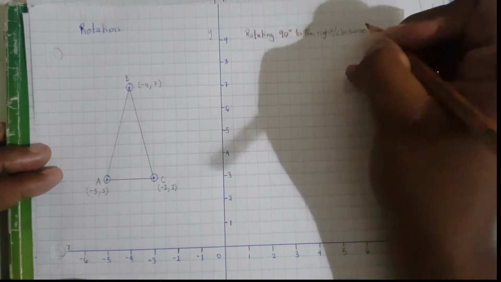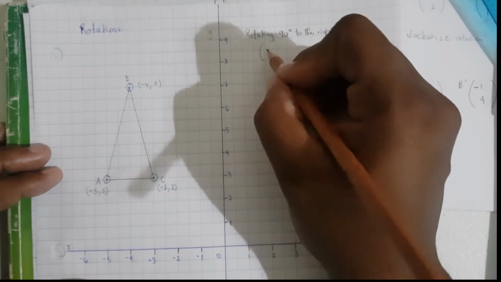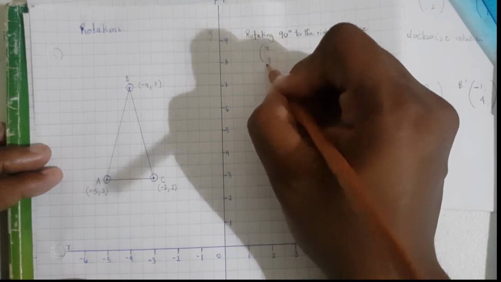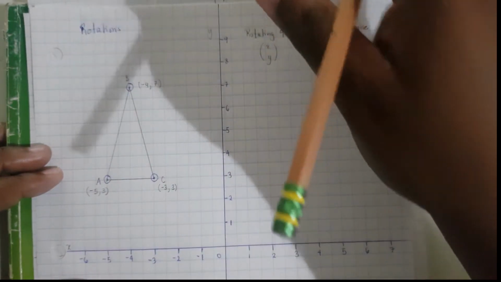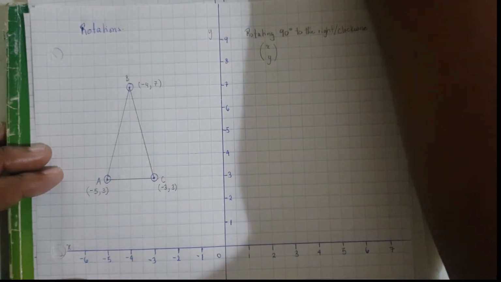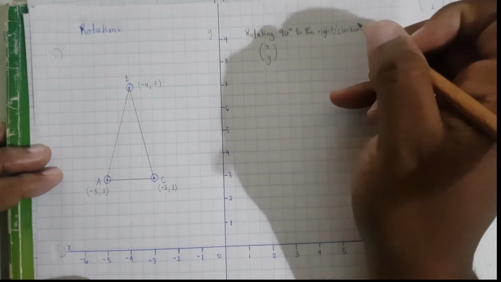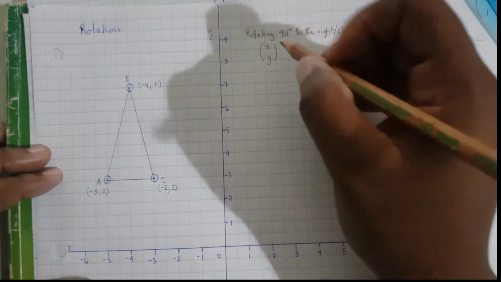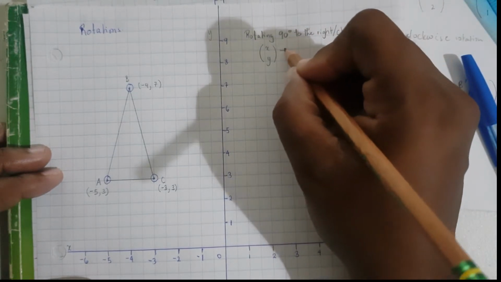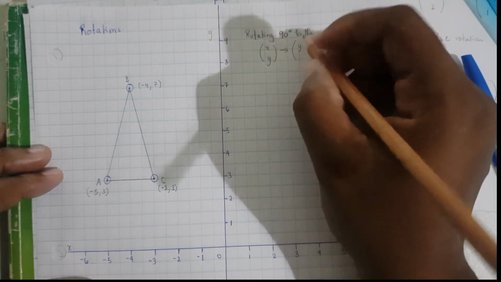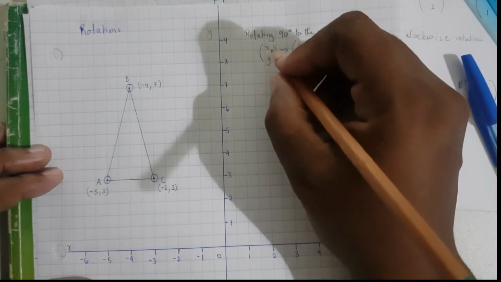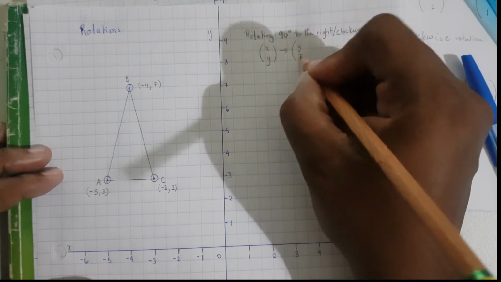Right? You usually would have your x values and your y values in this format. Okay? And so if I'm rotating clockwise, what would happen is that I would flip my values. So this value would now become the x value, and this value right here now will become the y value.